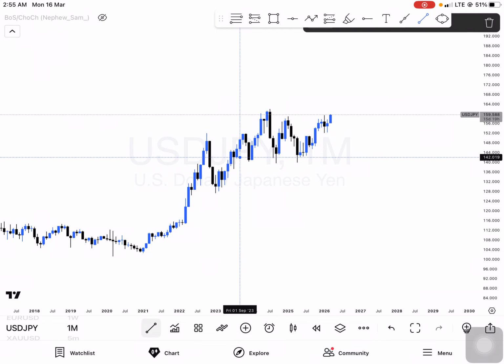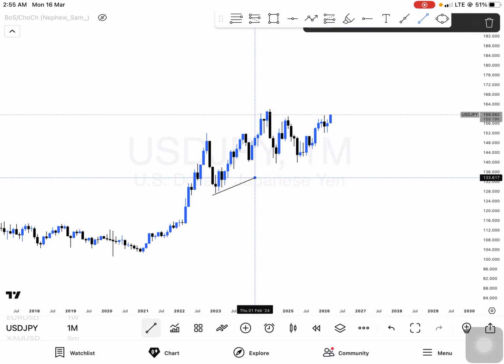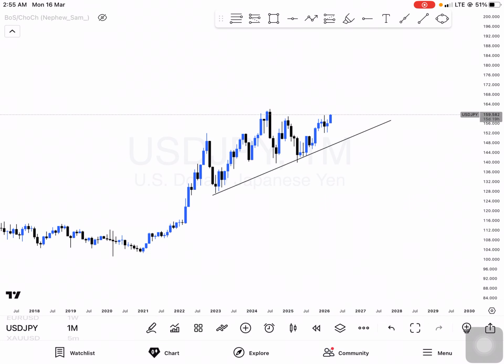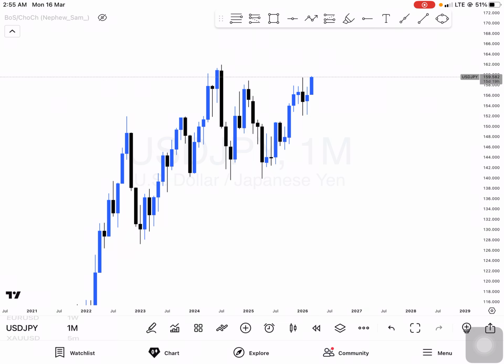So this is USDJPY, and as you can all see, the market is moving to the upside on the monthly time frame. The market keeps moving up after the market reacted to this fair value gap present here. After price gave us this break of structure to the upside, there's a fair value gap here which the market came to fill.